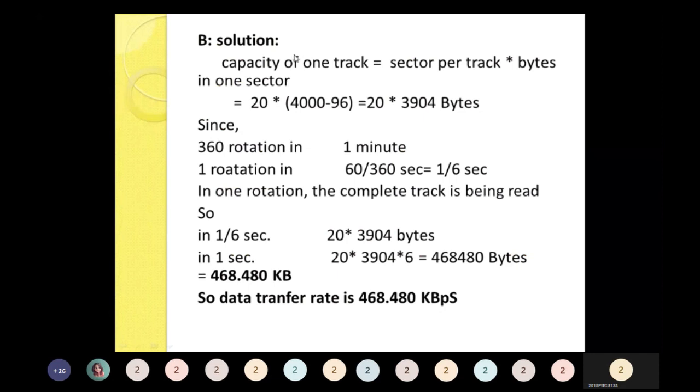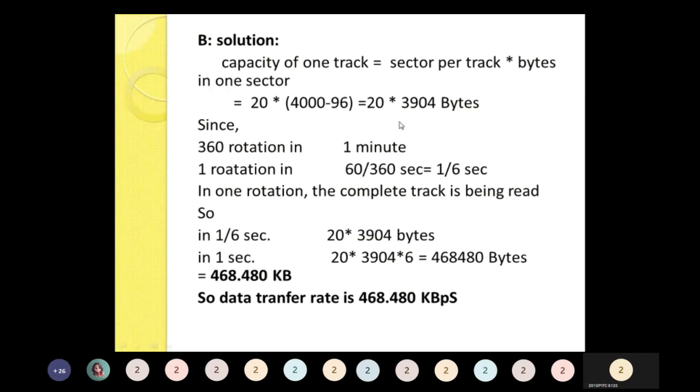Here the solution is: capacity of one track equals sectors per track into bytes per sector. Sectors per track is 20, and bytes in one sector is 4000 minus 96, so we get 20 into 3904 bytes.